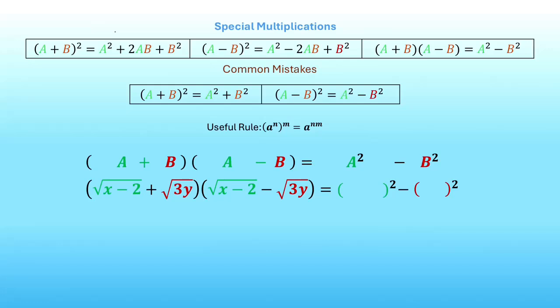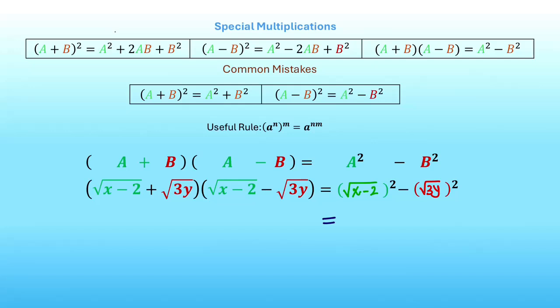So again, we have a plus b, a minus b, which is a squared minus b squared. Okay, and again, I have replaced a with parentheses. Inside the parentheses, you write a, which is the square root of x minus 2, and b, which is the square root of 3y.